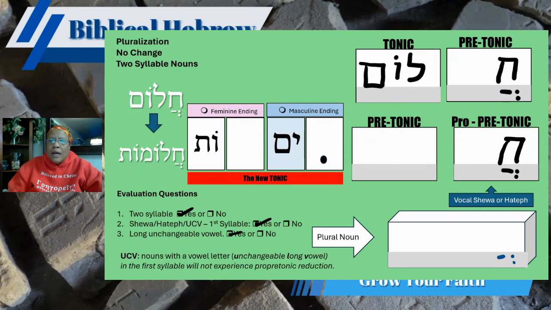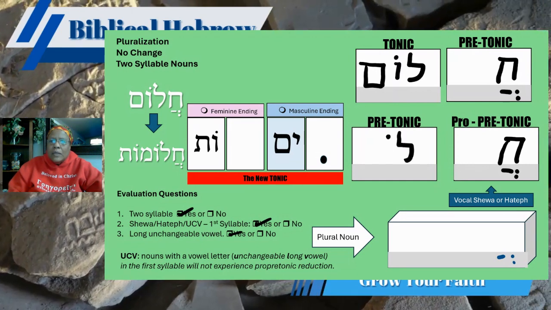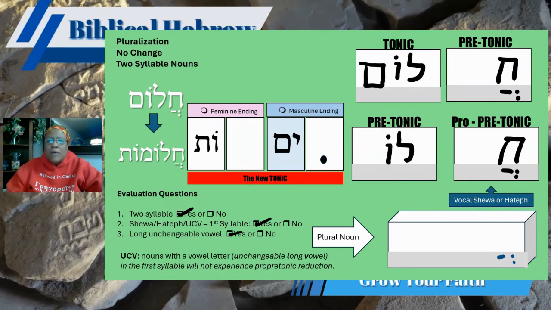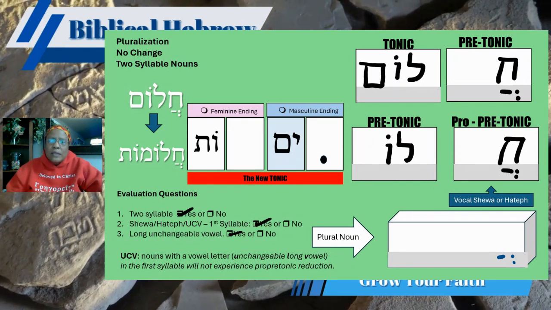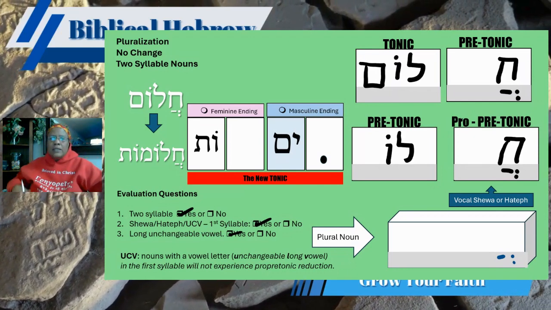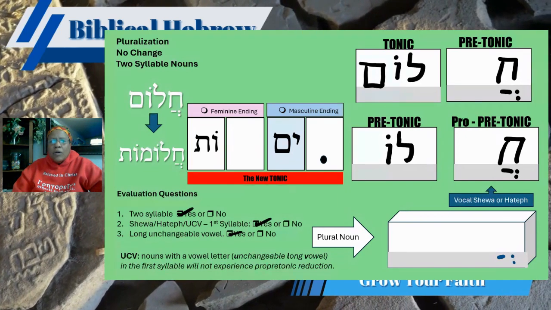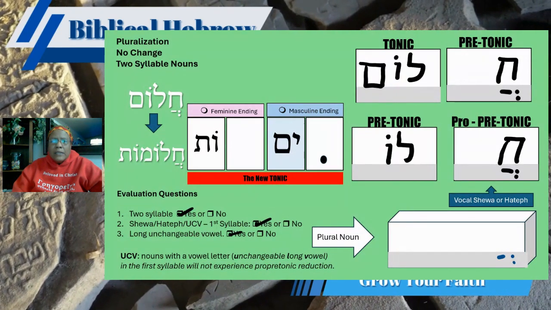Well, just like in math, we are going to bring down the chet with its hatef, reduced vowel. We're going to bring down the lamed with its long changeable vowel. And we know that this is going to take a feminine ending. So we're going to pull the mem over into the feminine ending section.